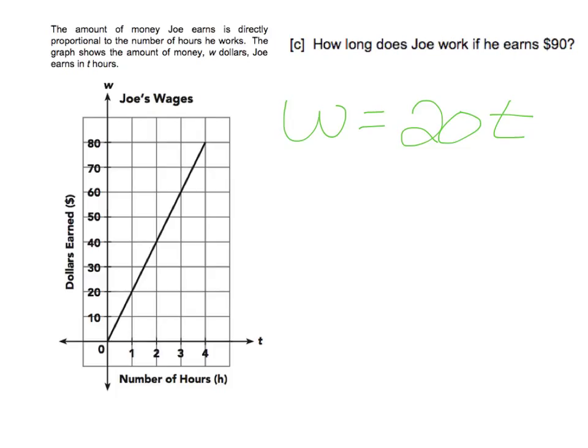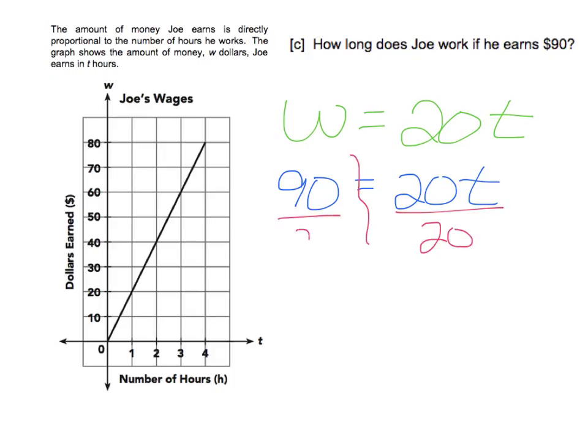So we are going to be plugging in 90 for W, and then this is 20T. We're going to work backwards. Divide both sides by 20. That crosses off. So T is going to equal 90 divided by 20, cross off the zeros. That's just 9 divided by 2. 2 goes into 9 4 times.